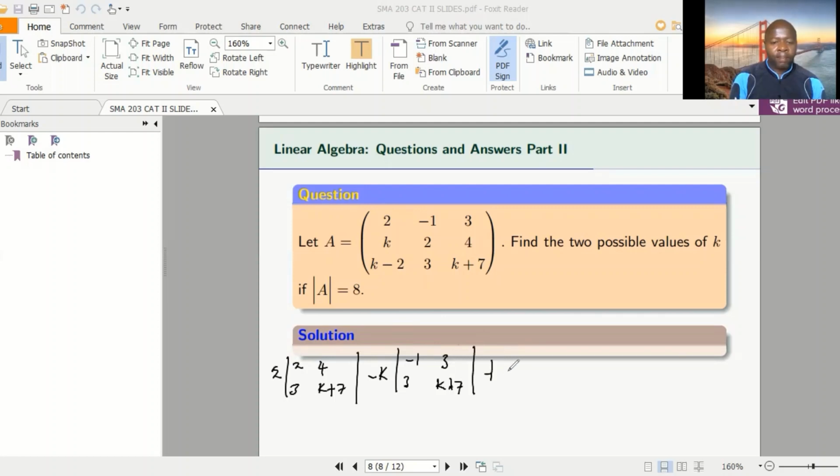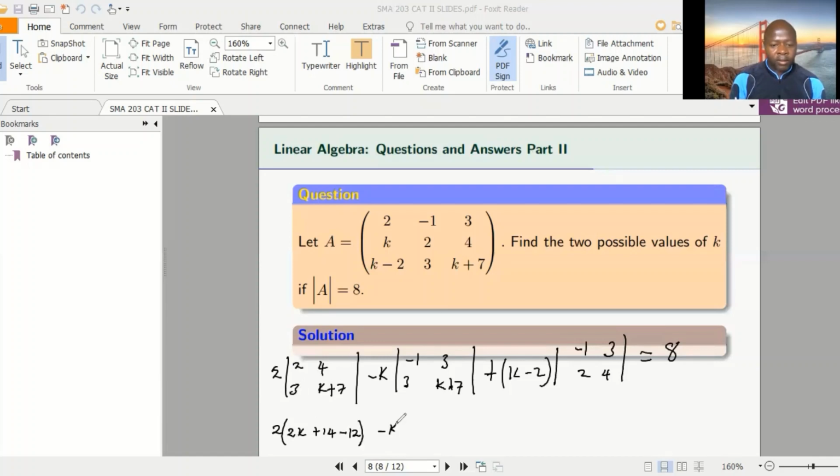Then plus k minus 2, delete the row of k minus 2 and the column of k minus 2. You're left with negative 1, 3, and then 2k plus 4, 2. This is the determinant, which the question says is 8. So let's just simplify. This is 2k plus 14 minus 12.